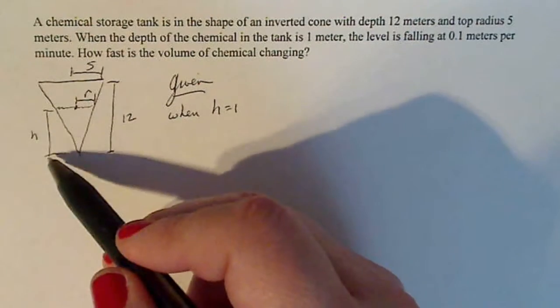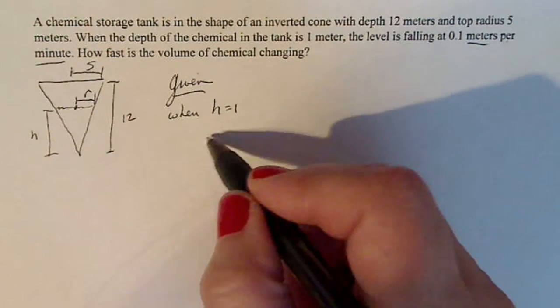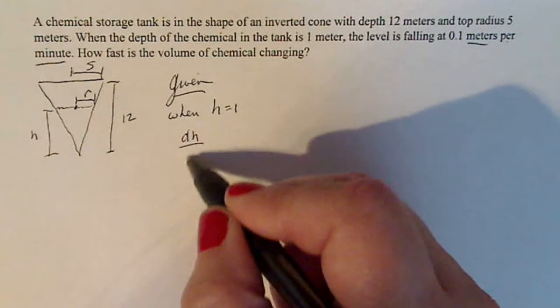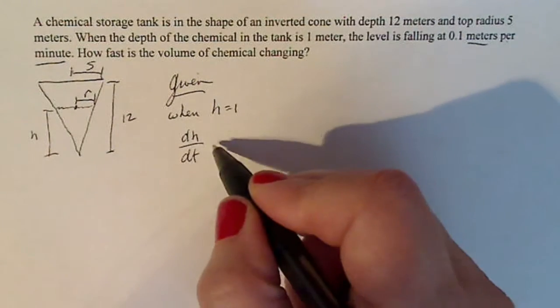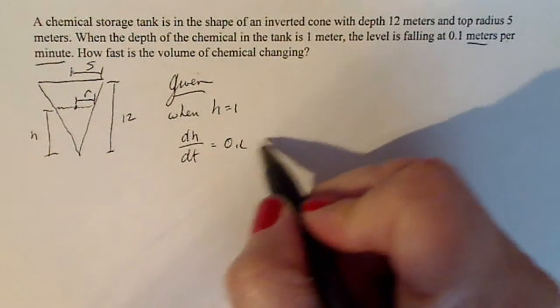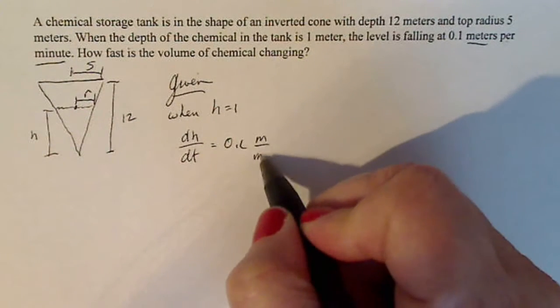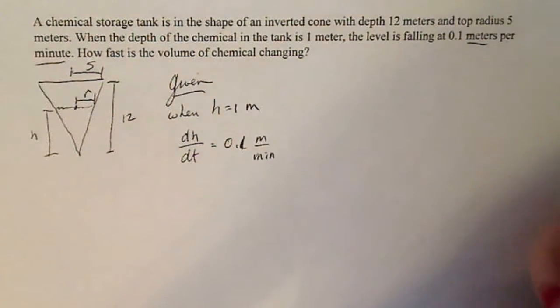So my level H is falling 0.1 meters per minute. So meters per minute to me would be dH/dt in this case. Change in height, change in depth per minute. That's given to me as 0.1 meters per minute. Sorry, that's a 1. And this is meters here.